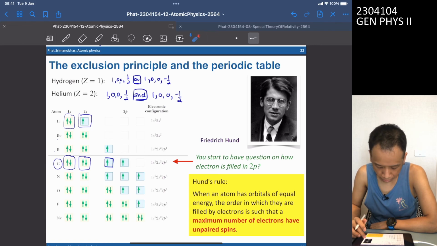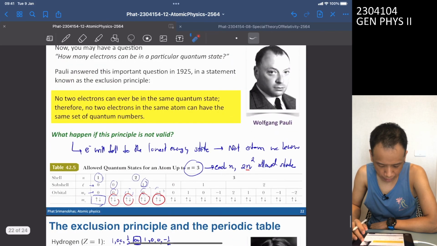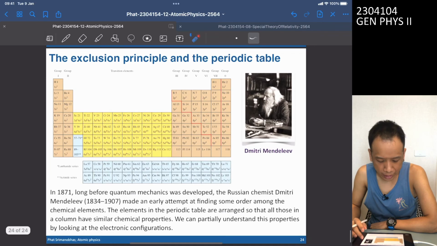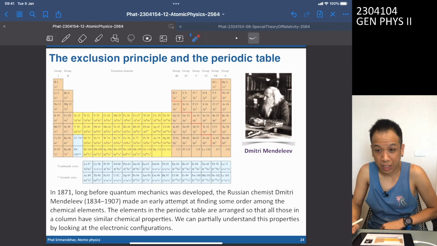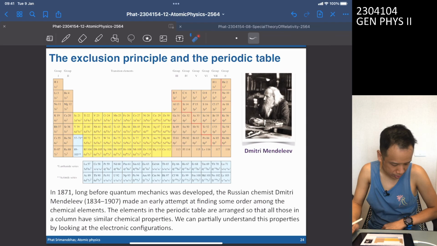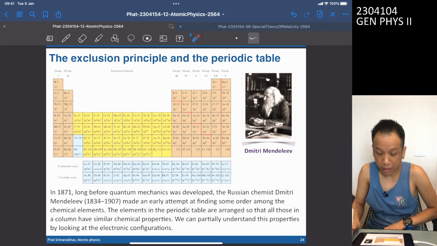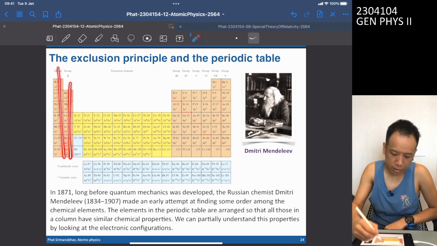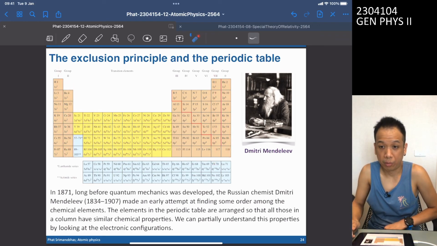From the Pauli and Hund's rules, you can understand the periodic table. The periodic table was invented in 1871, long before quantum mechanics, by the Russian physicist Dmitri Mendeleev. Mendeleev tried to order the elements and group them so that each column has elements with more or less the same properties.